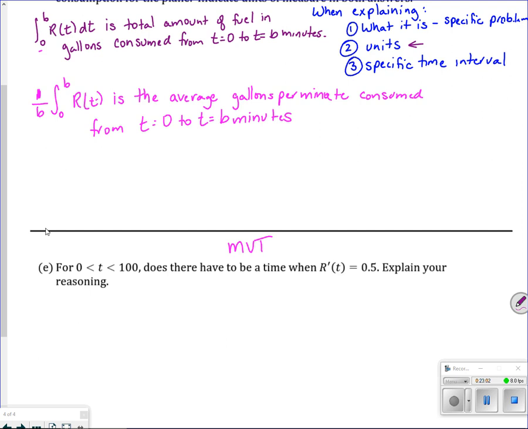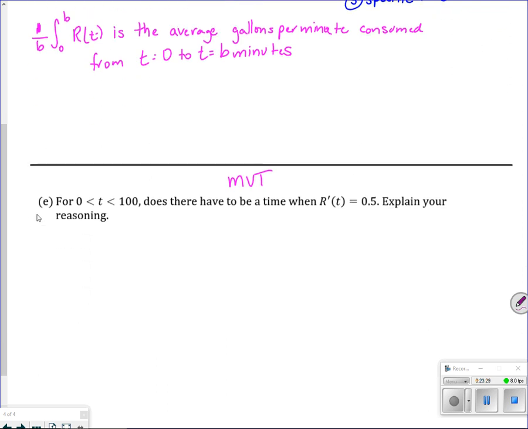Well, what are the two conditions of the MVT for derivatives? Okay, the two conditions are that the function must be continuous on the closed and differentiable on the open. Do you remember back at the very beginning of the problem, way back when it talked about that the function was twice differentiable? Okay, well, here we go. Do you have to write down the conditions?